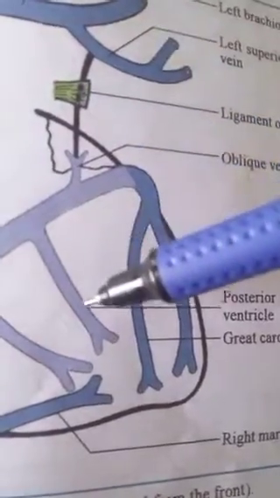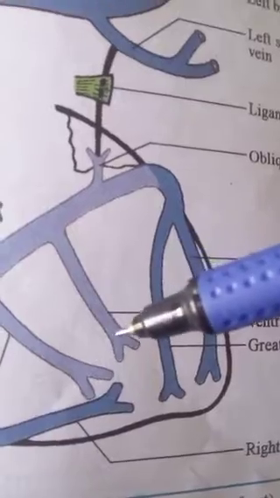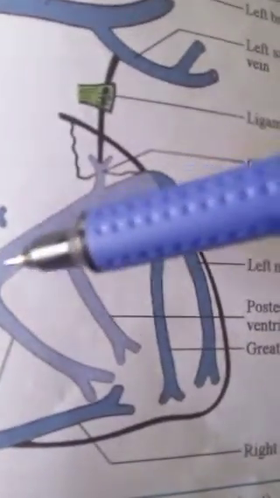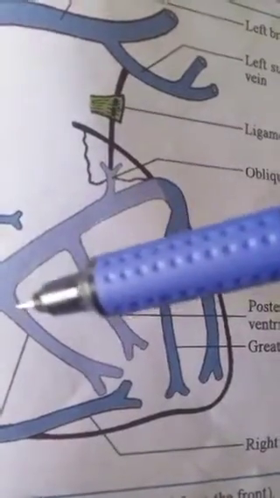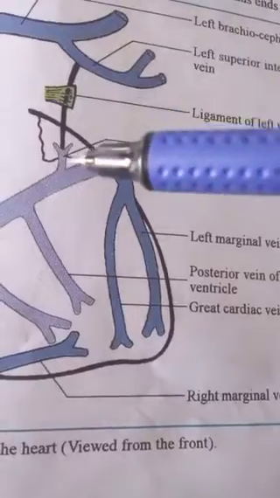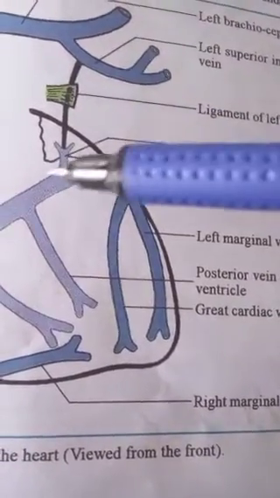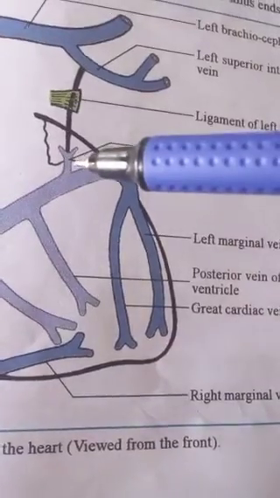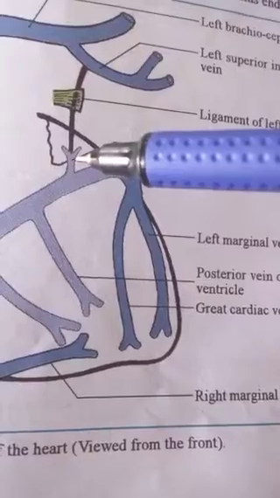The posterior vein of the left ventricle drains the inferior surface of the left ventricle and opens into the coronary sinus left to the opening of the middle cardiac vein. The oblique vein of left atrium is a very small vein which drains the venous blood from the posterior surface of the left atrium.